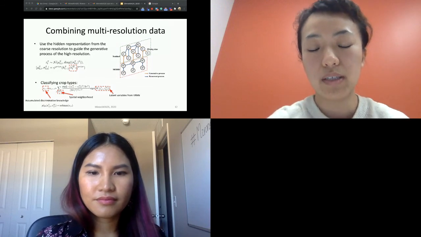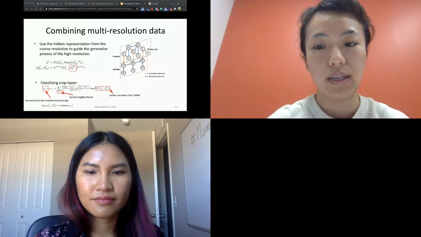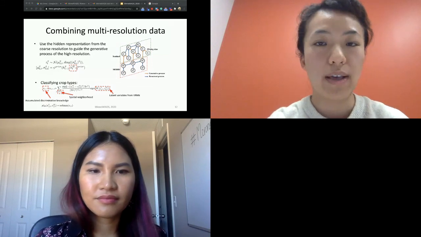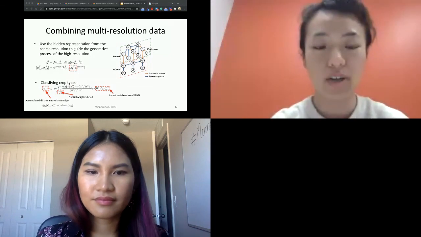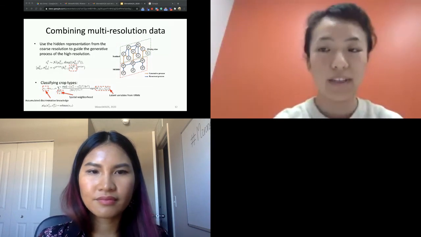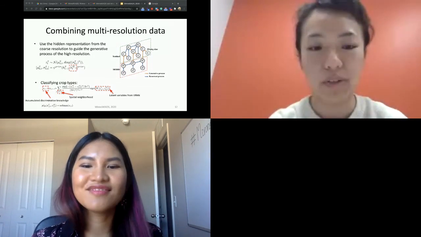With a variational autoencoder, you are doing a sampling. You can either view VRNN as a variational recurrent neural network, or you can view it as a VAE with a time component in it. Yeah.